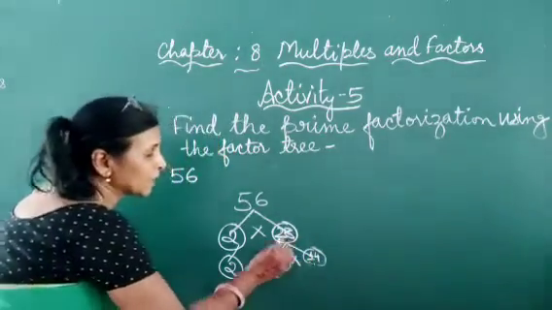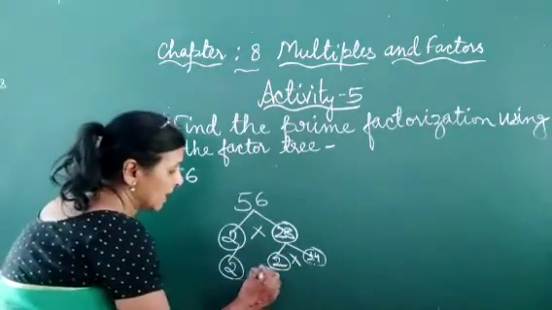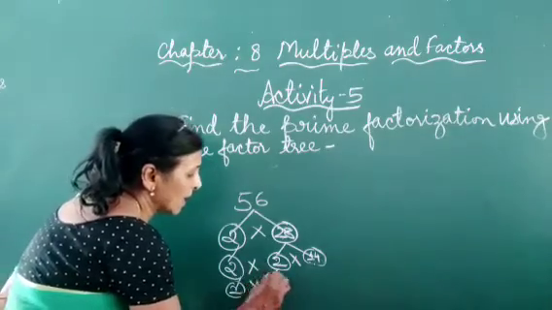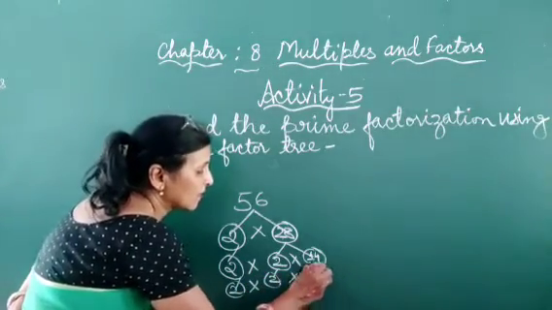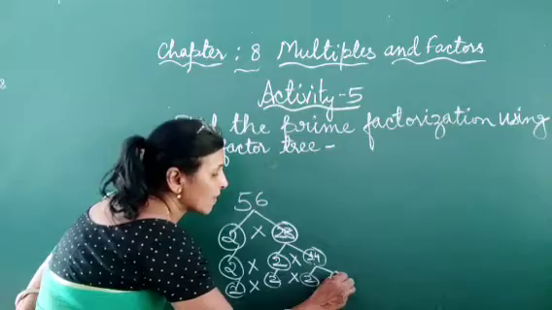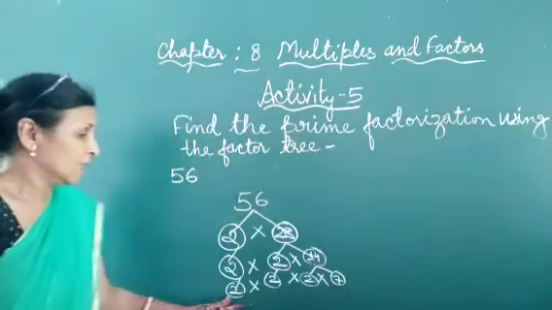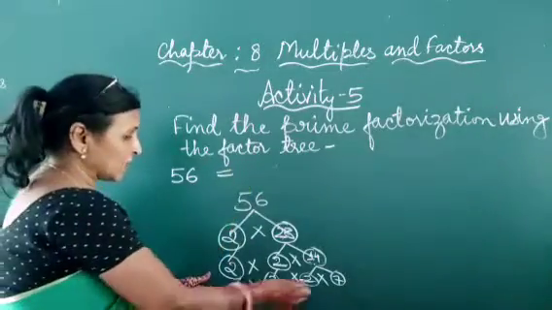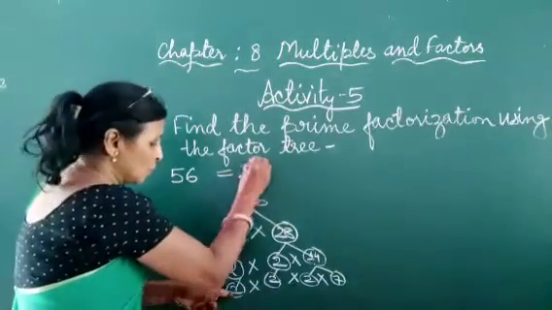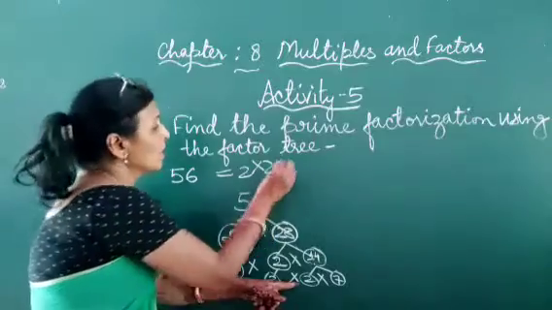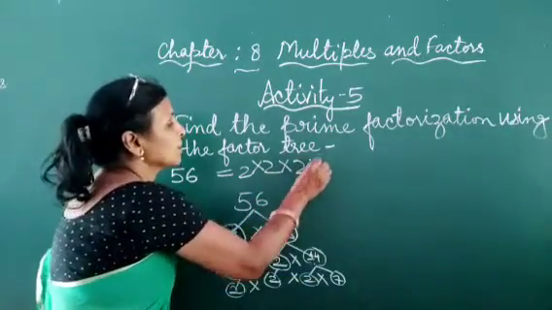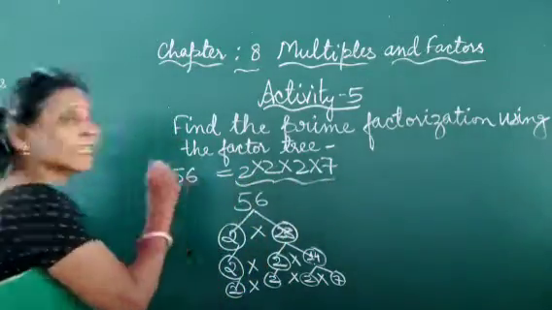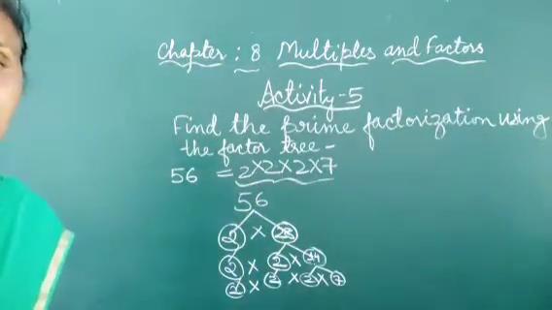If we multiply these two, 28 comes. Then we write as it is, and then we split 14: 2 sevens are 14. These are prime numbers. This is the prime factorization of 56, that is 2 multiplied by 2 multiplied by 2 multiplied by 7. And if you multiply all these numbers, 56 comes.